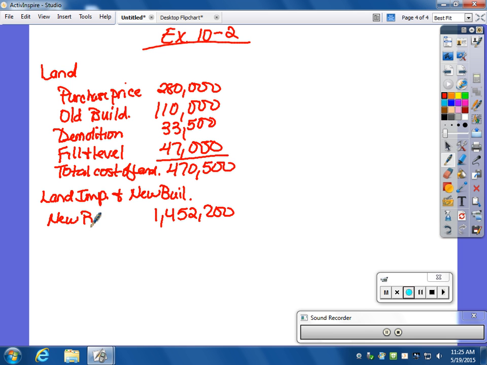That was the new building. And what were the land improvements? 87,800. So what was the total cost for the land improvement?